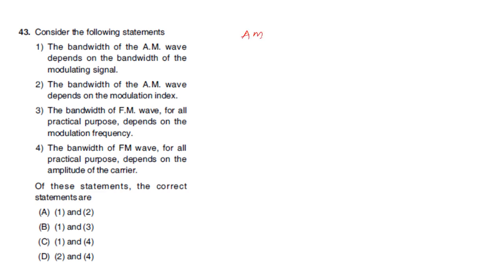Amplitude modulation wave. So if the wave has different amplitudes, then after amplitude modulation it will give wave of same amplitude. Then FM means frequency modulation. So if the frequency is different, then after frequency modulation, it will give same frequency wave.